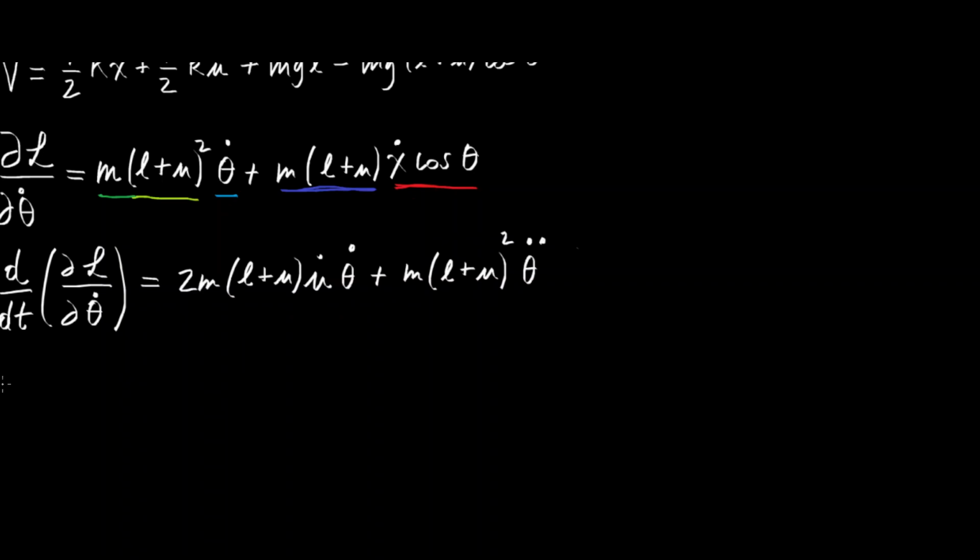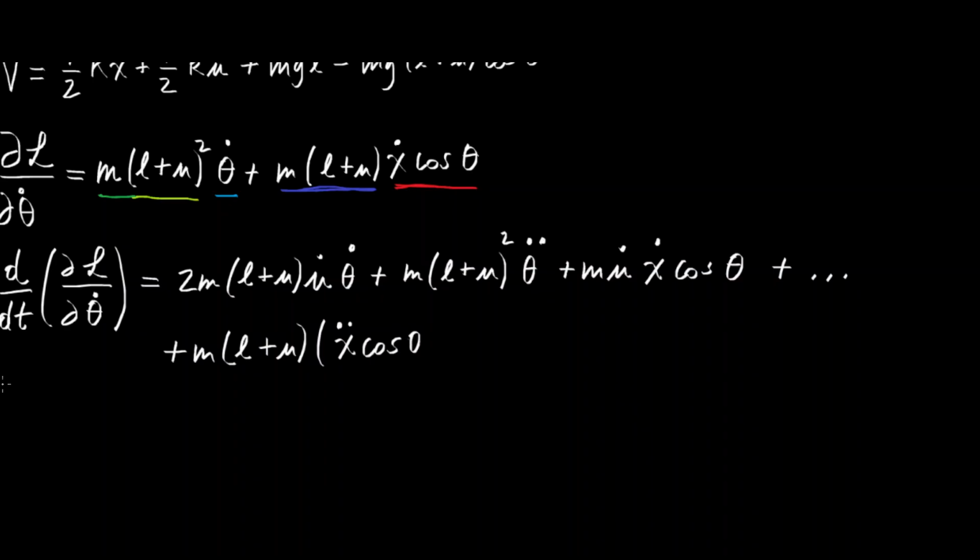Let's begin with the derivative of the blue function, which is m u dot, times the red one, x dot cosine of theta, plus the blue function times the derivative of the red one, which, again by product rule, is x double dot cosine of theta minus x dot times theta dot times sine of theta.